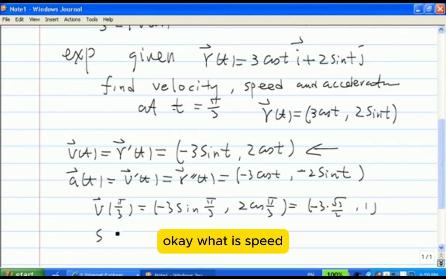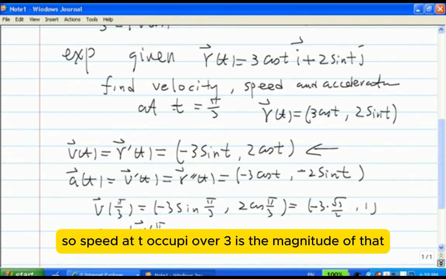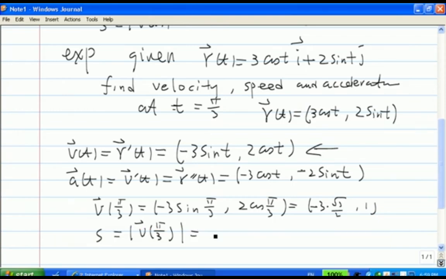What is speed? Speed is the magnitude of your velocity. So speed at t equal to pi over 3 is the magnitude of that.